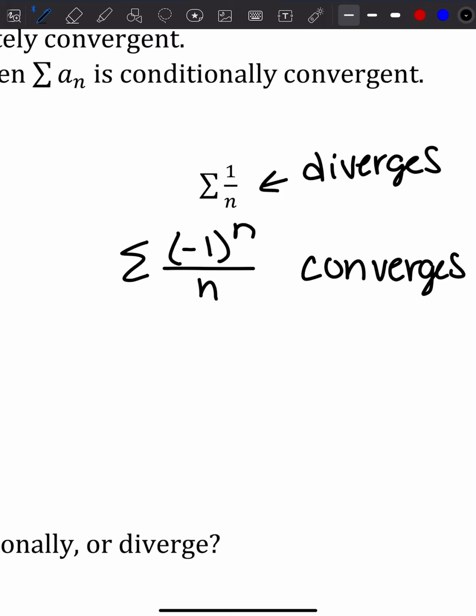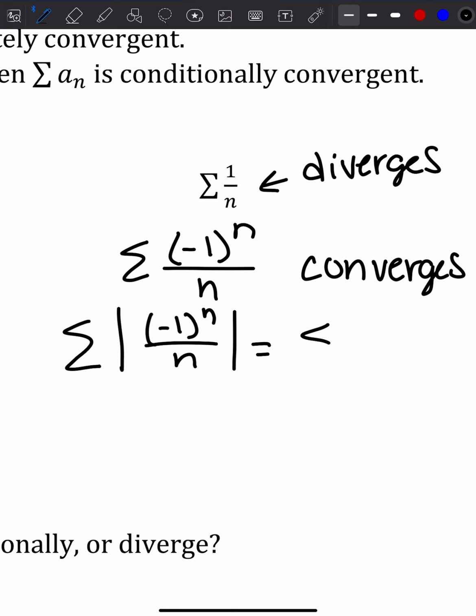So if we think about the fact that the absolute value of this series is the same thing as the harmonic series, which diverges, we know the original series, the alternating series, is going to be conditionally convergent because its absolute value series, the harmonic, is divergent.